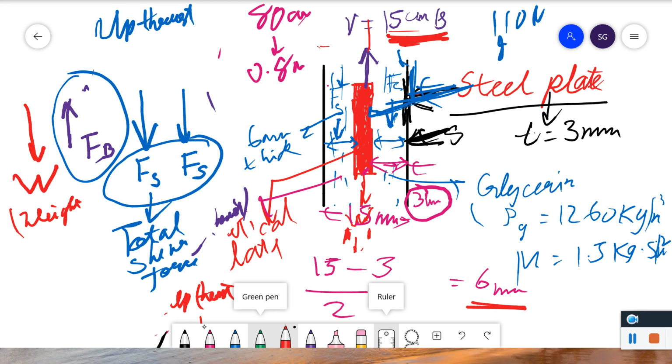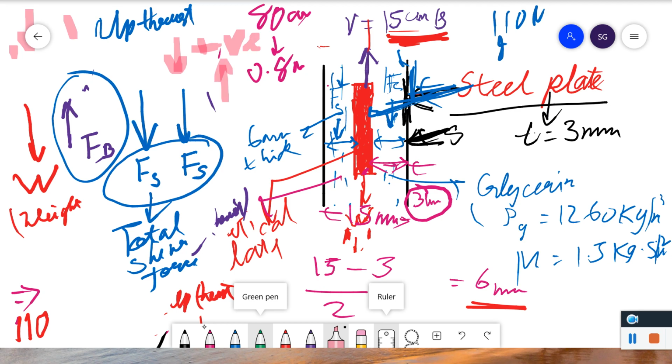So the values are as follows. Weight is 110. This we are considering as positive. The sign convention here is this direction we are considering positive, and this direction we are considering negative.